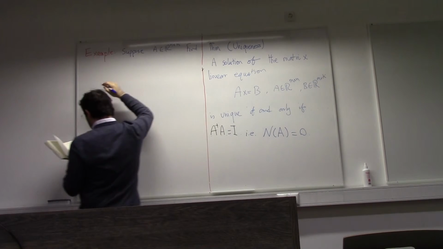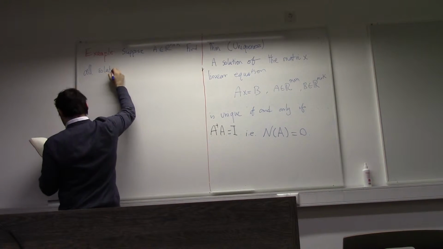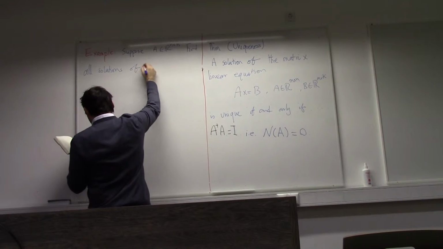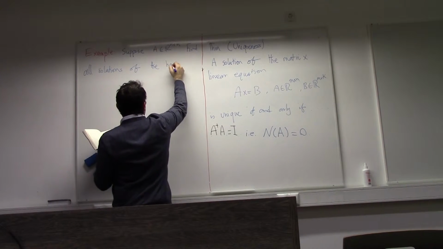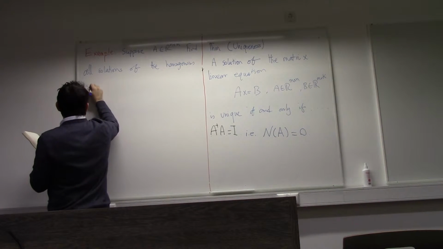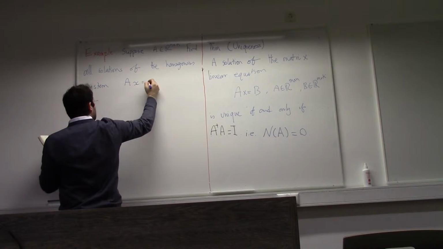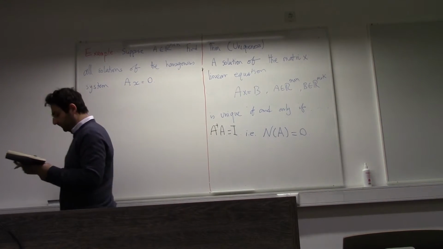Find all solutions of the homogeneous system Ax is equal to 0.